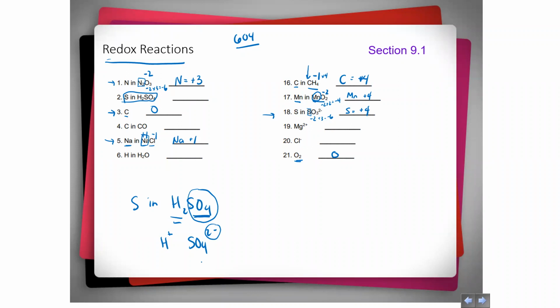So oxygen will be -2. There are 4 of them. That's a total of -8. Sulfur has to be +6 in order to leave the -2 on this part of the polyatomic ion. And of course, each hydrogen is +1, and there are 2 of them, so that gives us the sum of 0. So in this case, the S was +6.